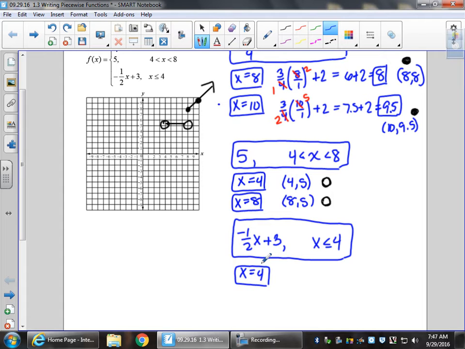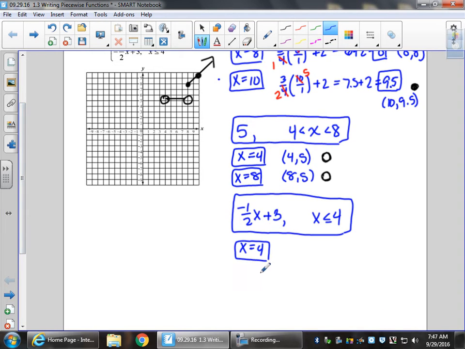What did you say? 4 and... I would go 0. We're going to get the same graph, but let's see the strategy behind if we could choose 0. 0 is nice. Let's see. Negative 1/2 times 4 divided by 1 plus 3. That's negative 2 plus 3 is 1. So this gets me 4 comma 1.